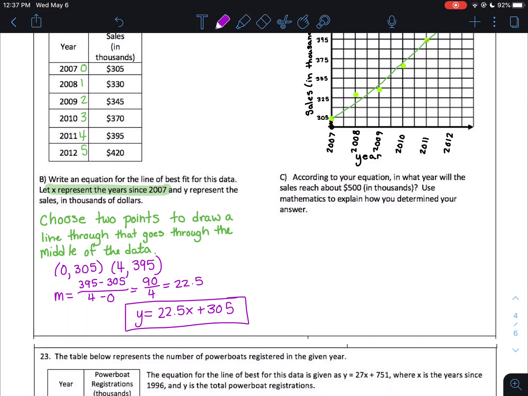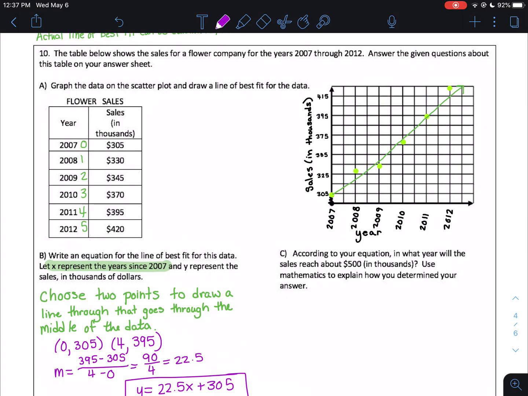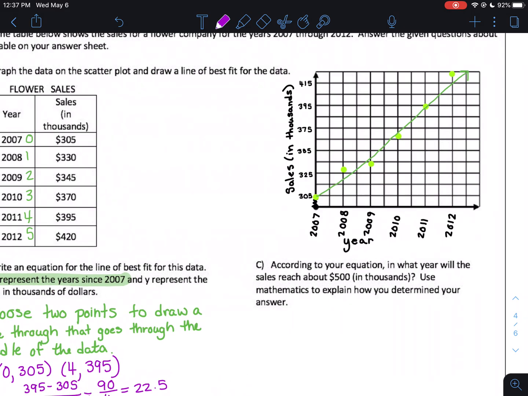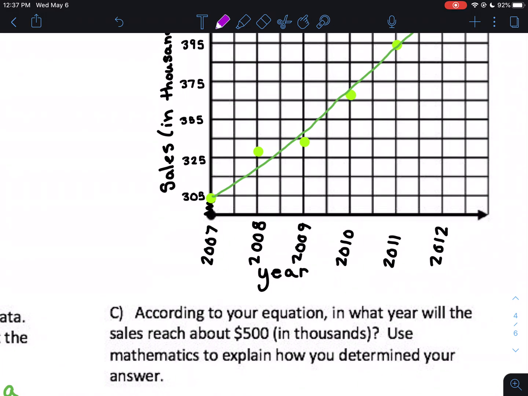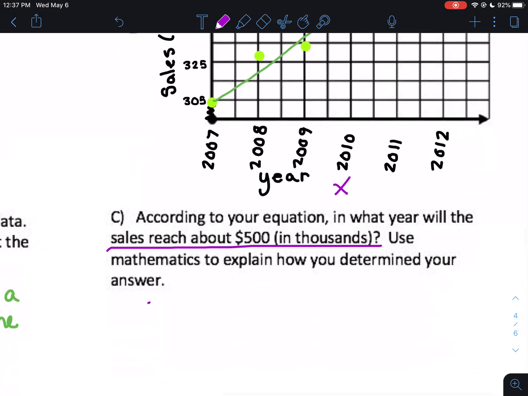Okay, so graphically what we're looking at is something that isn't on our graph because the way I scaled it, we don't get up to 500. But look at this here. Remember that on a graph, these are your X, these are your Ys. So if it's asking for when the sales reach about 500 in thousands, that's saying when Y is 500, what is X?